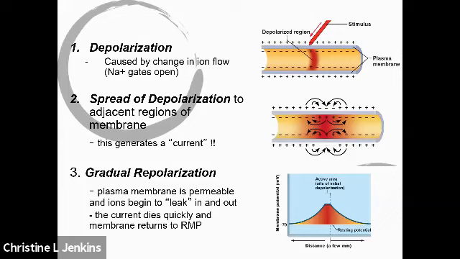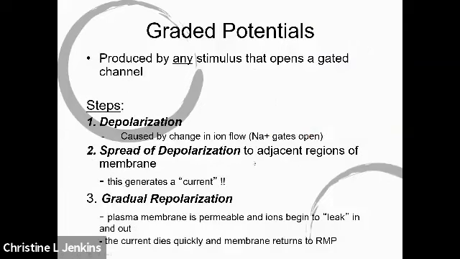So we depolarize by opening sodium channels, which then causes adjacent sodium channels to open. And that spark, that quick 80 millivolt change, is transferred to this. But then, right after an area depolarizes, and the area beside it depolarizes, that area repolarizes.